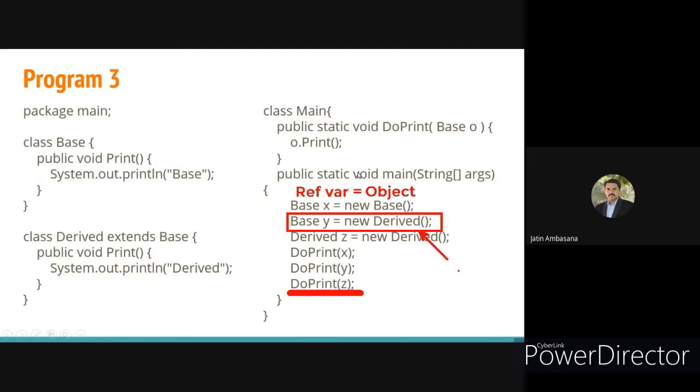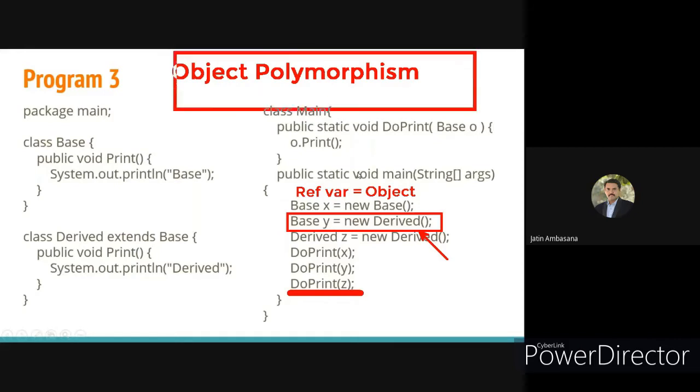Yesterday we saw one example called object polymorphism. This means the left hand side is of superclass and the right hand side is of subclass. The left hand side is the reference variable which belongs to superclass, and the right hand side is the object created, which belongs to subclass. So that is possible. This is called object polymorphism.